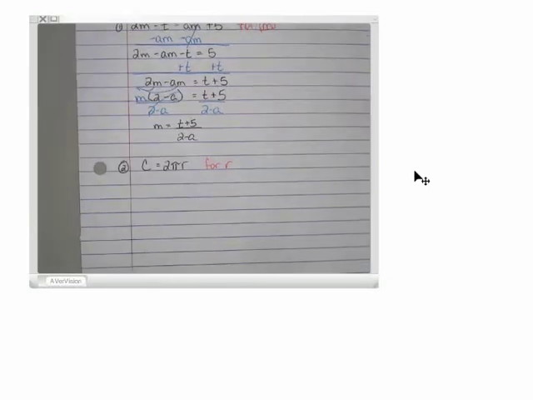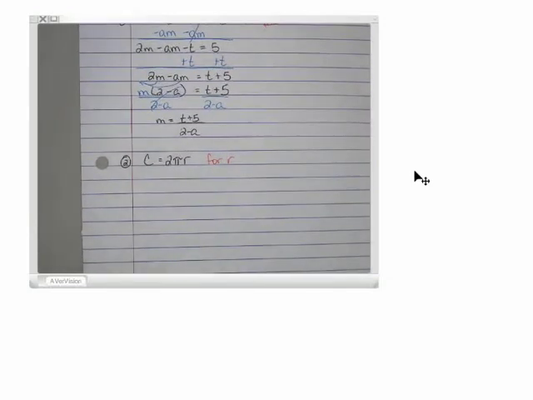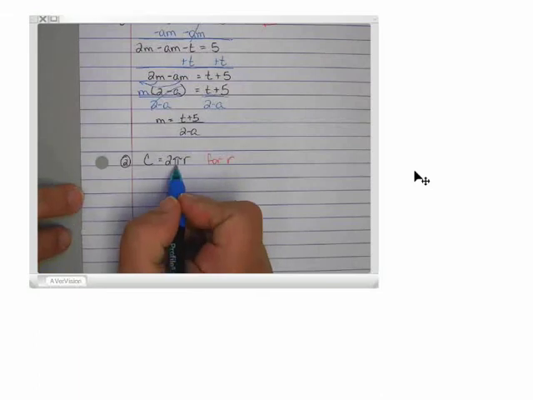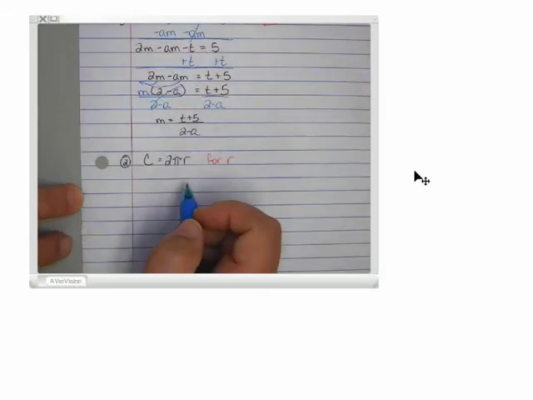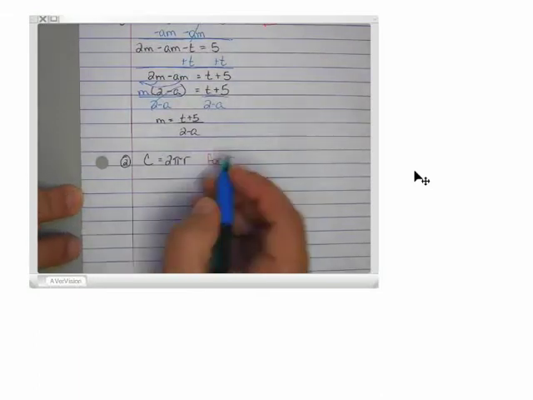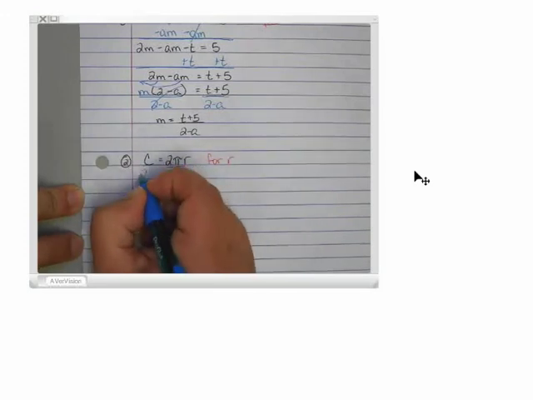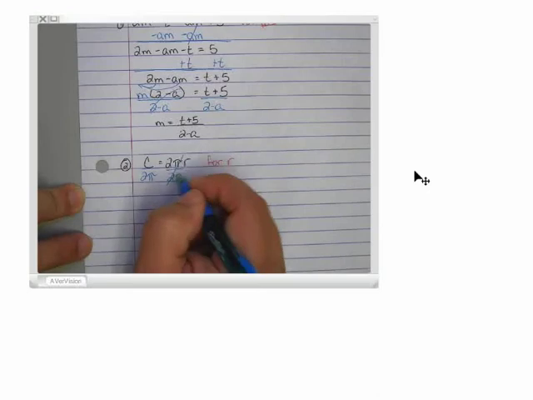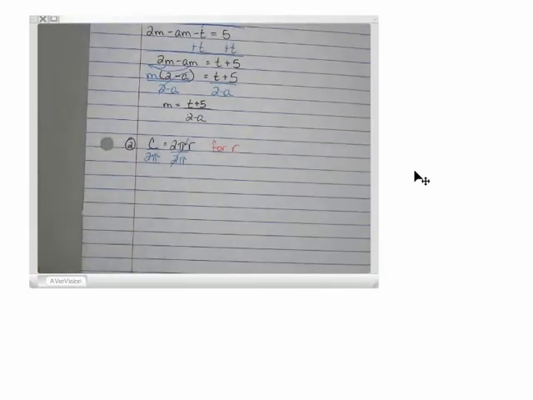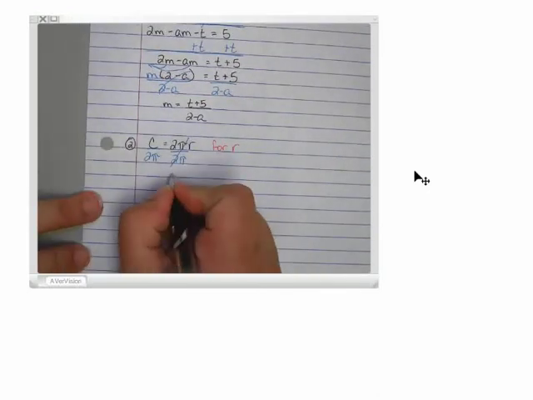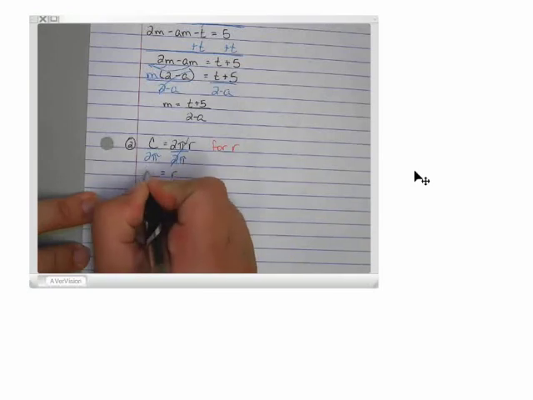Well, this is 2 times pi times r, or 2 pi times r. So if we divide both sides by 2 pi, it cancels over here, and r is by itself already. So r equals c over 2 pi.